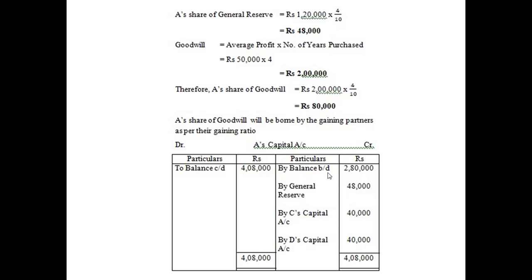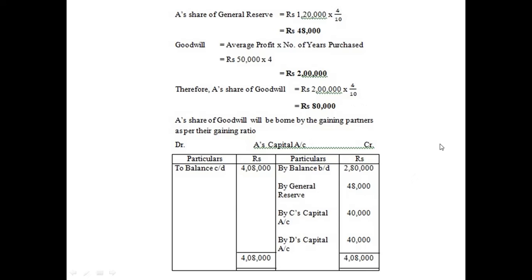So by balance b/d, you write on the credit side 2,80,000, and general reserve 48,000, so write by general reserve 48,000. Now this 80,000, A's share of goodwill, will be borne by C and D equally. So by C's capital account, by D's capital account, 40,000, 40,000. Now the total will be 4,08,000.